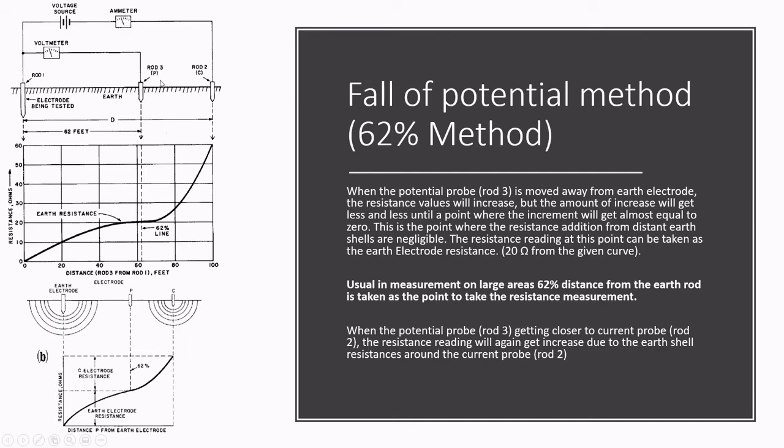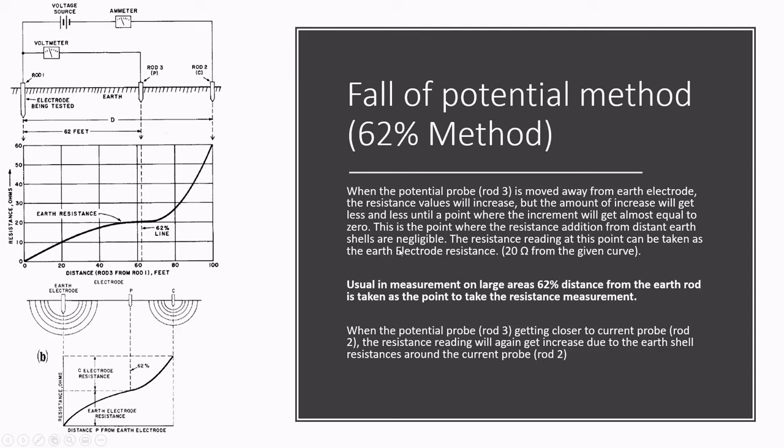earth. So when you are connecting the potential probe closer to the earth rod, you will get a certain value, and when you are going towards the current rod, it will increase. So after a certain point, this increment will get lower and lower and get almost equal to 0. This is the point where the resistance addition from distant earth shells is negligible.